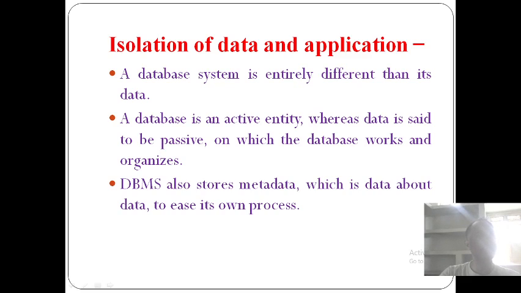Kiran is data, Sujit is data, Riya is data, Sumaya is data. These are various names of the students. Your first name, last name, date of birth, percentage, etc., these are the data. And the application is the database management system. It is a software.